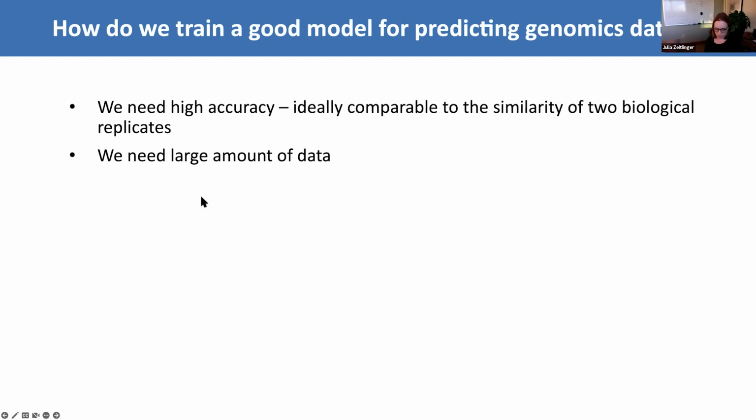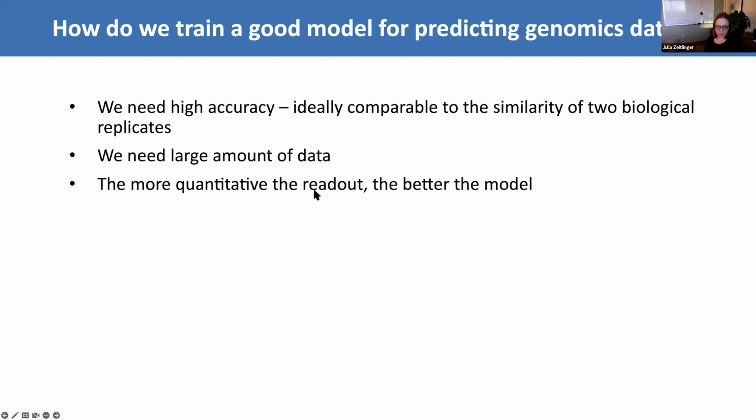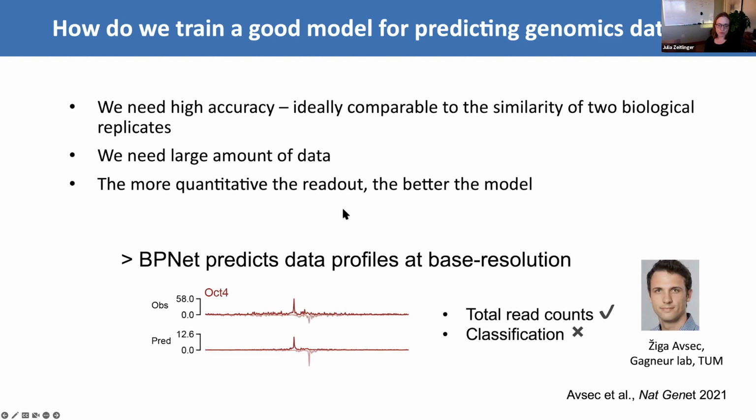We were also able to train on very large amounts of data. But we also realized that by predicting our data at base resolution, we're really leveraging the best readout possible. We're forcing the neural network to learn the sequence rules at the maximum precision. So what Ziga did is predict our data.